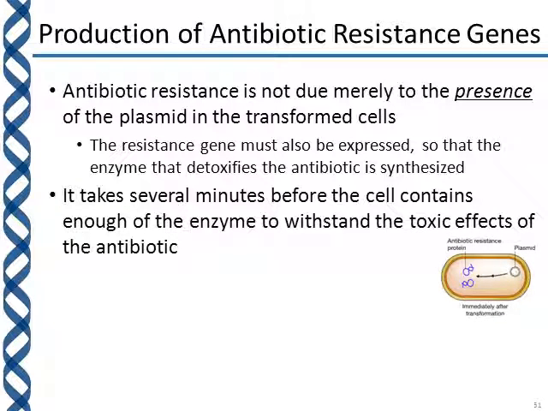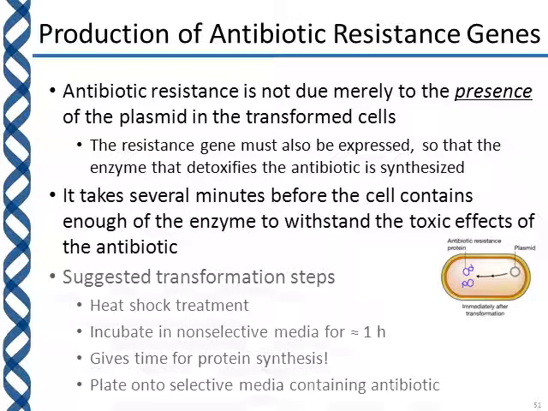Here we show the plasmid, and if it contains the resistance gene and the proper conformation, it will begin to produce the antibiotic-resistant protein. The suggested transformation steps are a heat shock treatment, incubate in a non-selective media for 1 hour, and that gives time for protein synthesis to occur, and then plate onto a selective media containing the antibiotic.